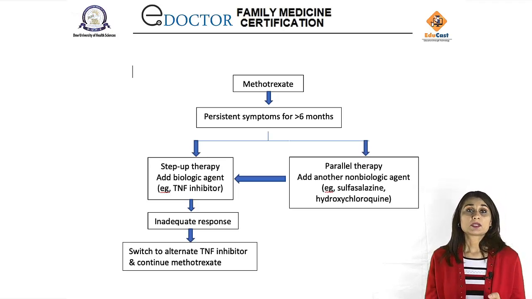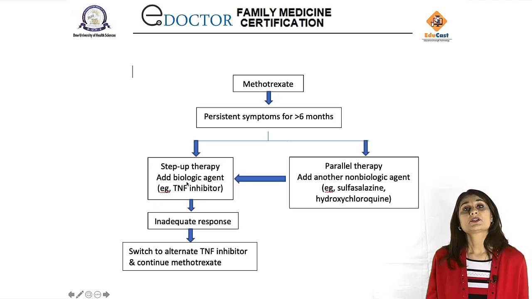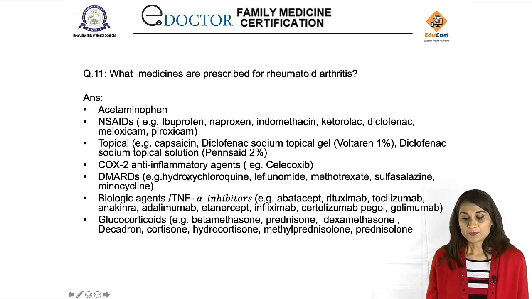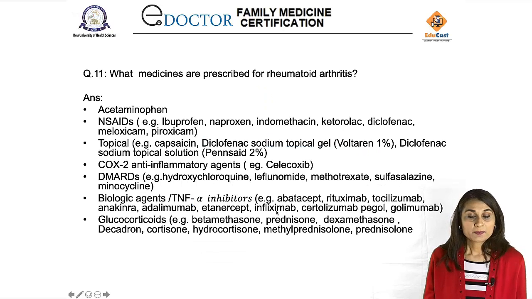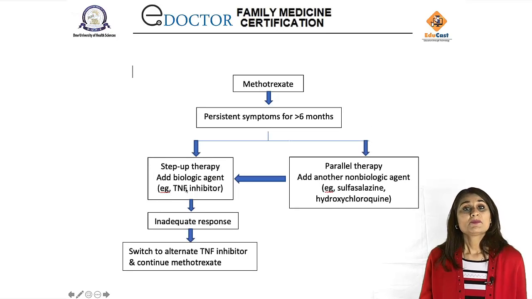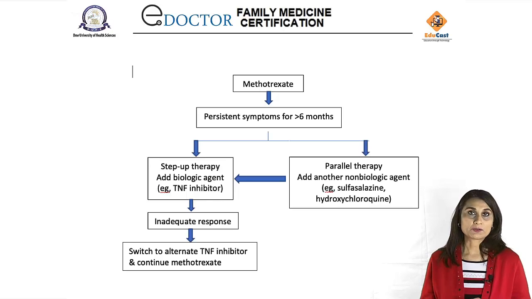For step-up therapy, the first thing is we will add a biological agent. The biological agents are the tumor necrosis factor alpha inhibitors, like infliximab, adalimumab, and etanercept. But before we give these drugs, we have some conditions to look for.